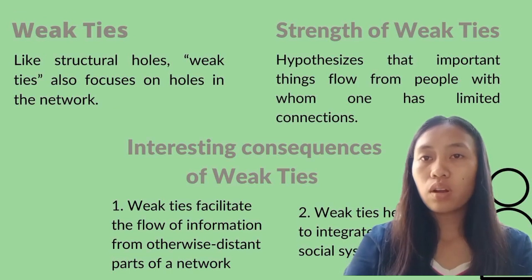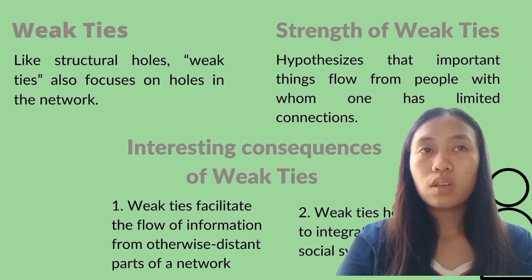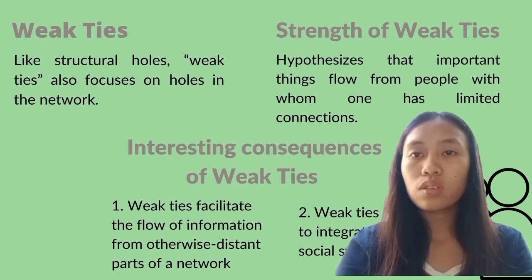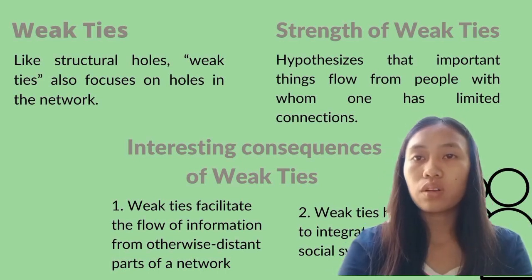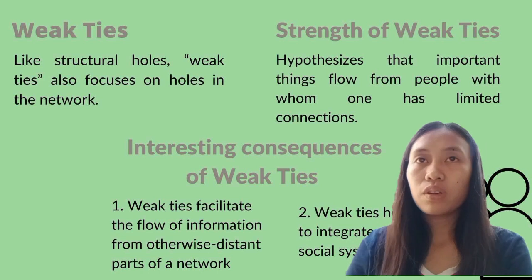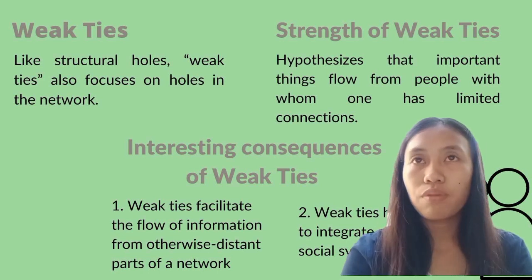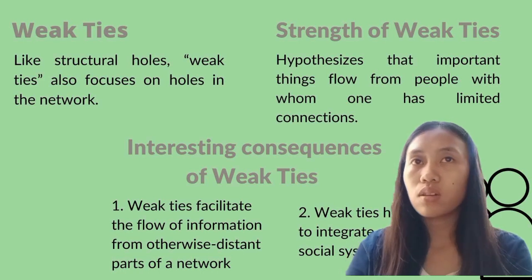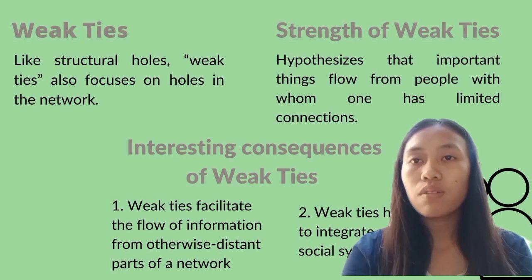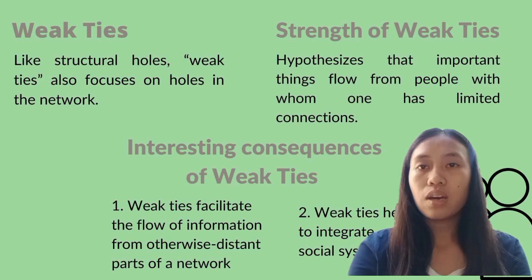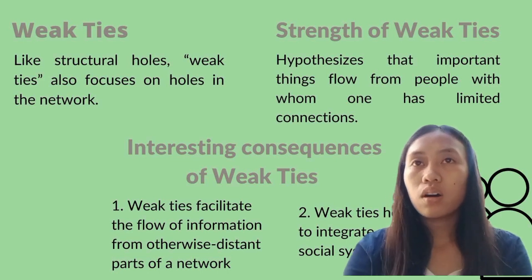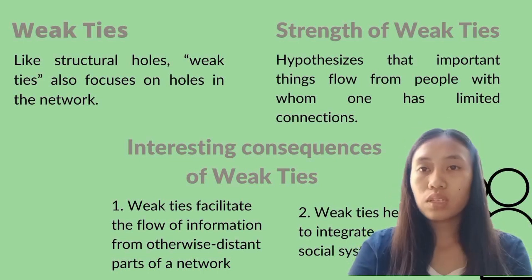So like structural holes, weak ties also focus on holes in the network. So it refers to the connection or relationship between individuals that are not very close or intimate. So these have a very low level of emotional intensity, time spent together, and frequency of interaction.